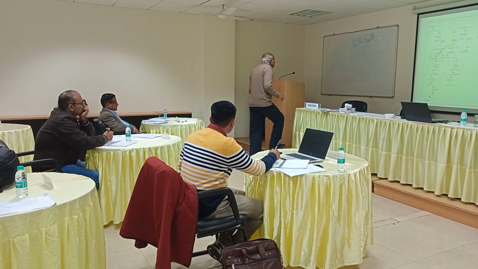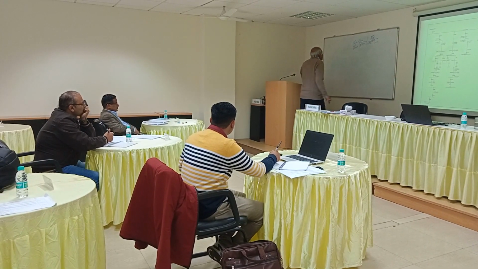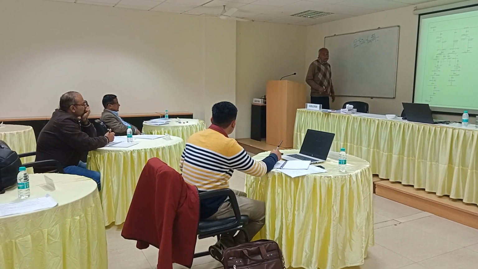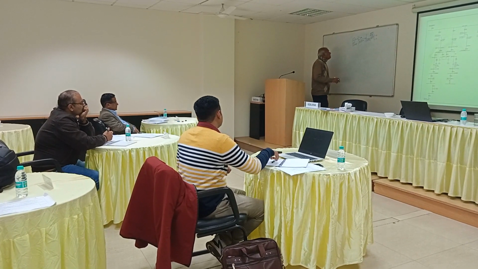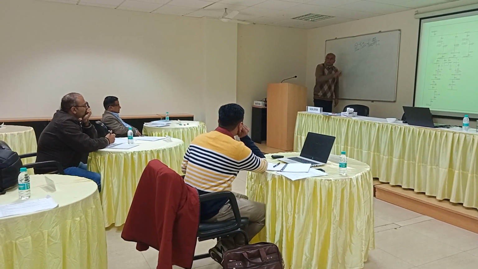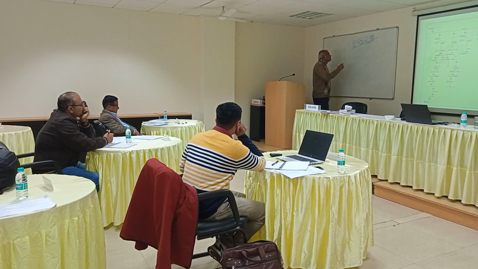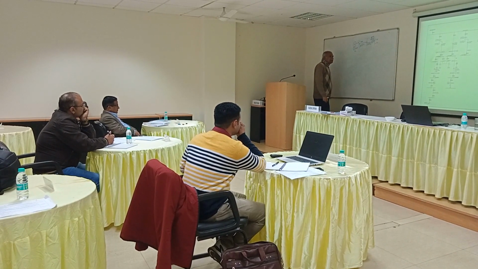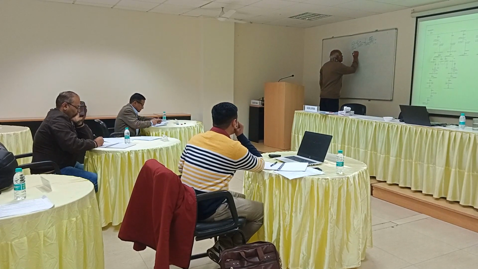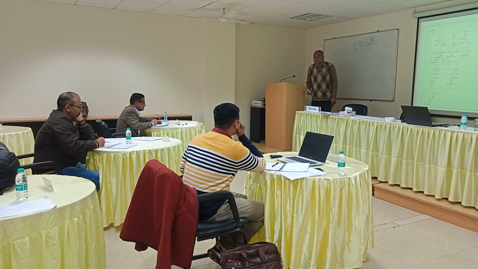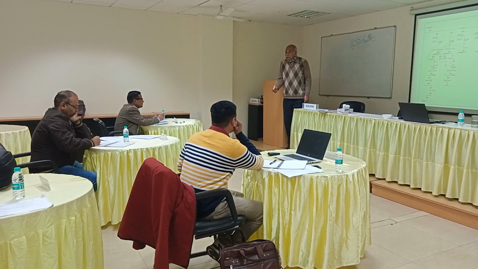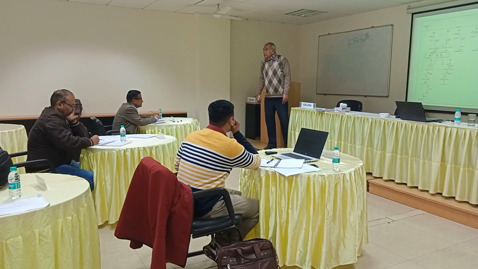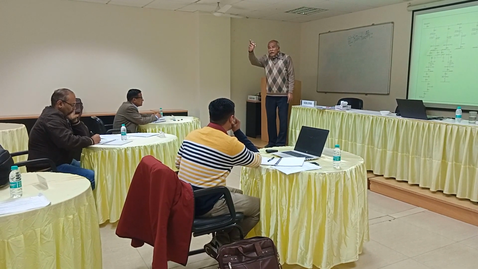Now you see, the source, this is 11 kV by 250 MVA. So, this will have a source impedance, suppose ZS. How much will be the ZS? What we have read in engineering college: impedance is equal to kV square by MVA.